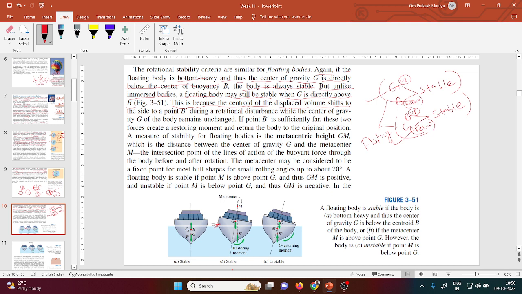Just to see here, if your body is shifted, one force is here, that is G, and the line of action of B, the buoyant force, is this. What will happen when your body is tilting in this direction? After some time, your body will be in the stable condition, like the previous one.